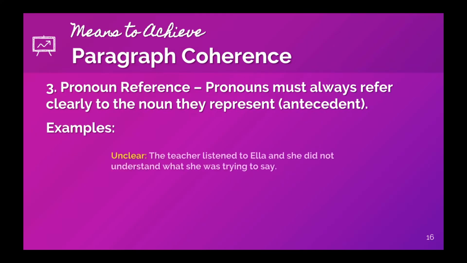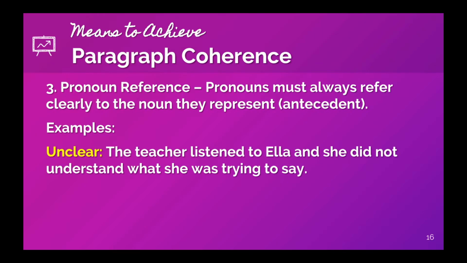Look at this. This is an unclear version, and it is quite confusing. The teacher listened to Ella and she did not understand what she was trying to say. In this sentence, we have two persons involved, the teacher and Ella, but we use only one pronoun, and that is she. What is confusing here is that we are not sure whether the pronoun she is referring to the teacher or to Ella.